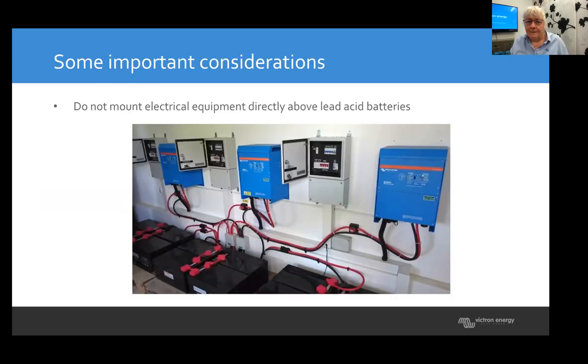That's another common mistake. This is a photo from our blog. Do not mount inverters straight above lead acid batteries. That's a really big no-no. And you see that over and over again; almost half of the systems on our blog post do this. But this can make corrosive gases, can make explosive gases. These units have relays and switches.